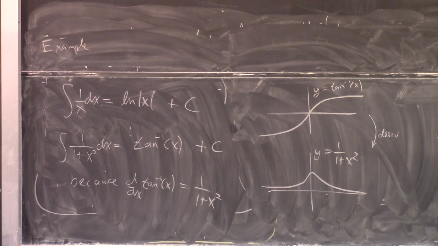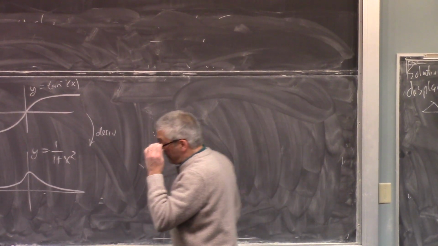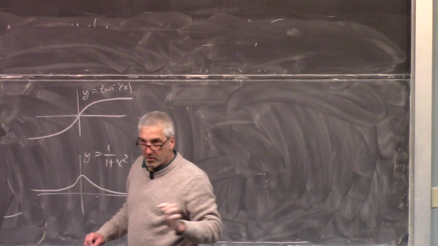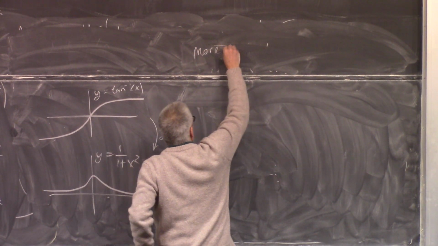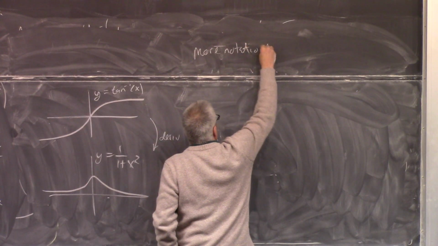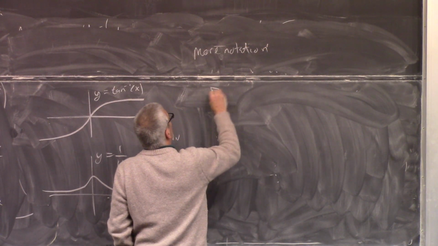If we have a mascot for this course, it's this example, because it keeps coming up. All right, I want to introduce some more notation. Yeah, we're doing fine. More notation. Evaluation notation.